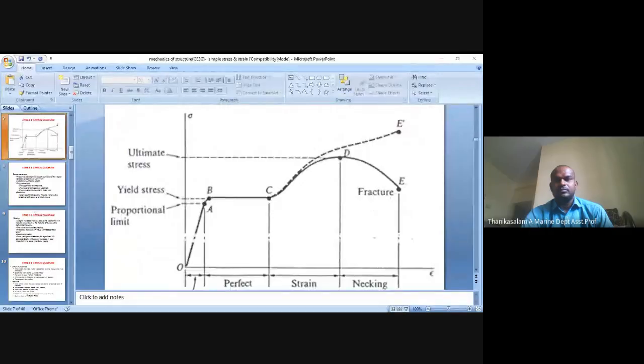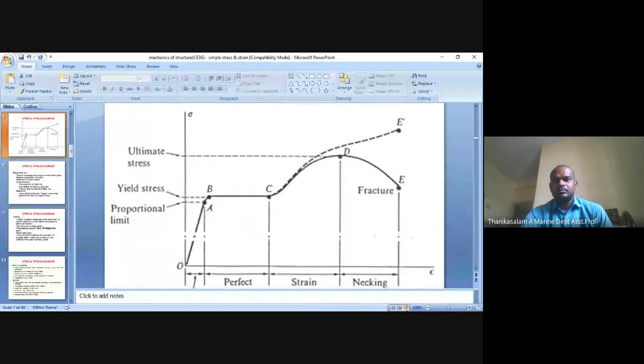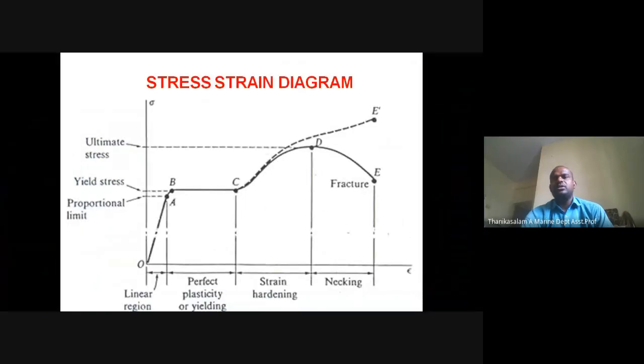For the stress strain curve, you take strain on the x-axis and stress on the y-axis. This is the stress strain curve for mild steel. O to A is the proportional limit, the linear region. B is the yield point, yield stress.